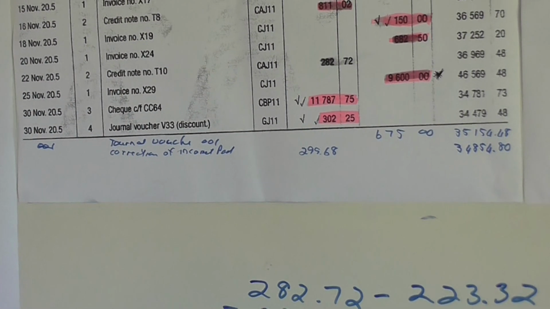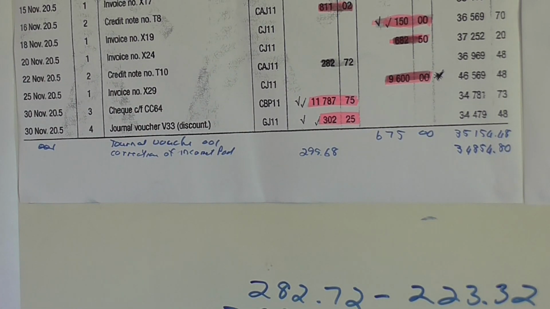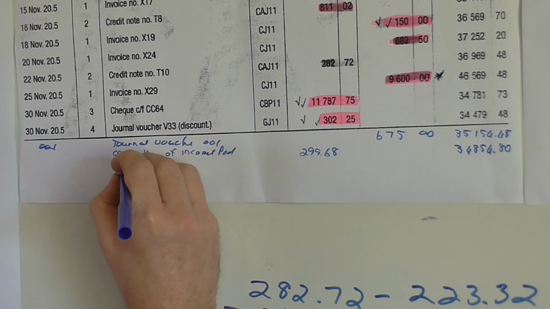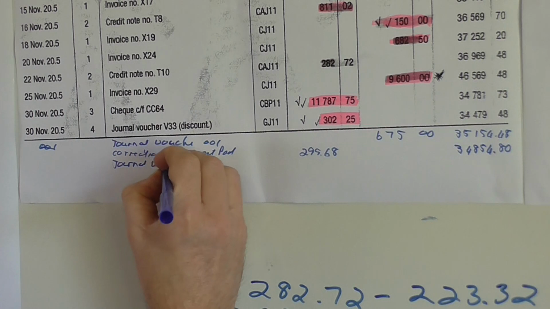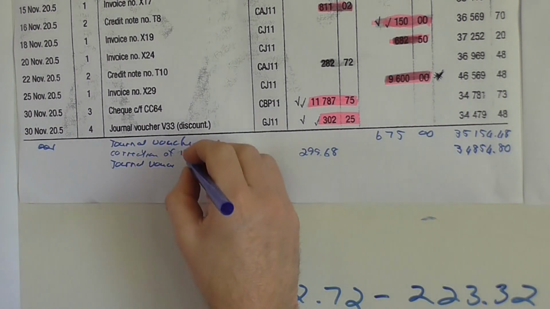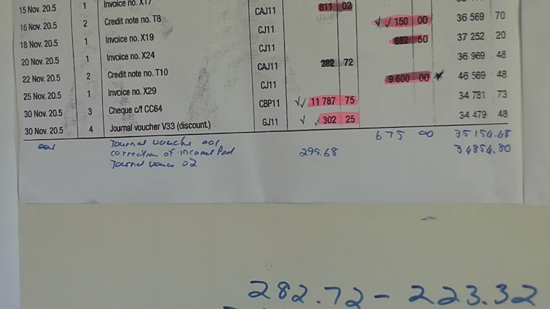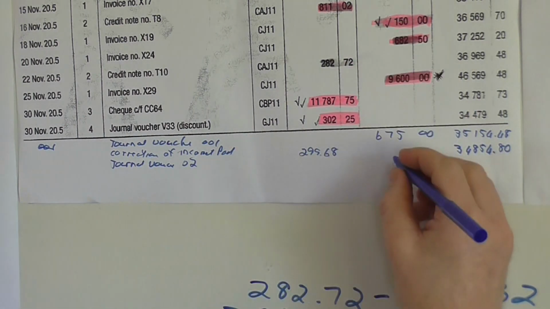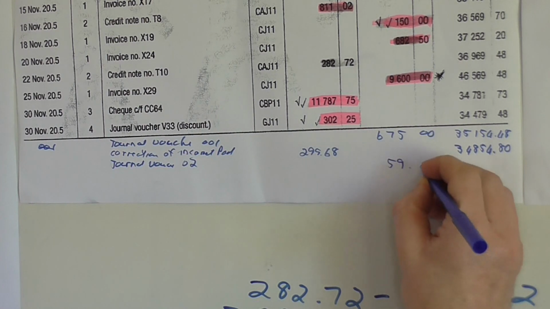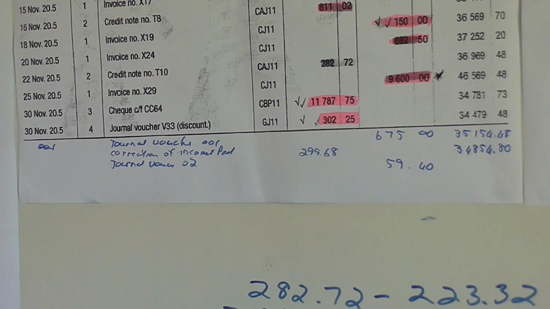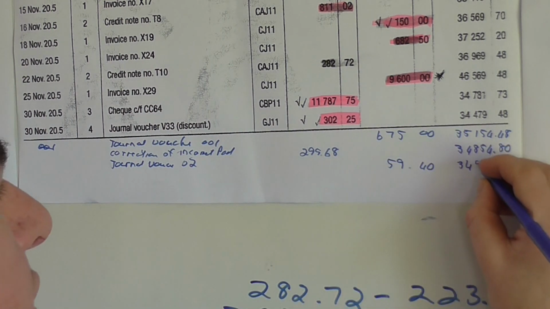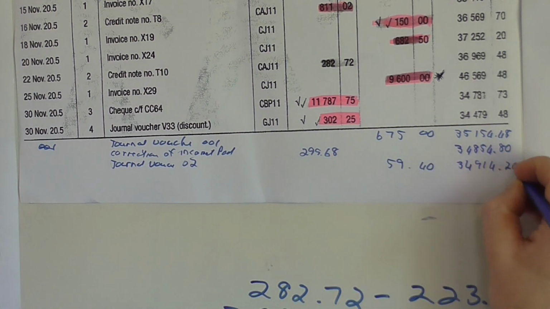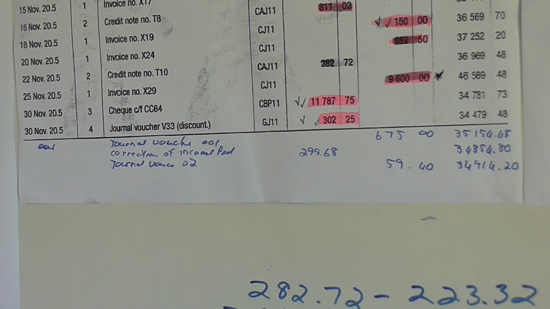This will be journal voucher, whatever number you give it, 02. Creditors control got credited with 59.40, so we increase that. It's 34,854.80 plus 59.40, and that gives you 34,914.20. Okay, so we've done that one.